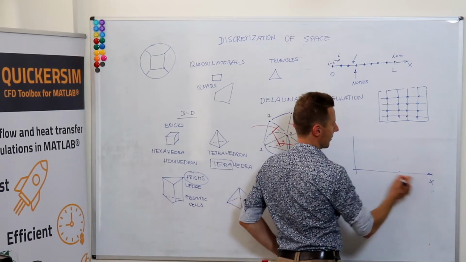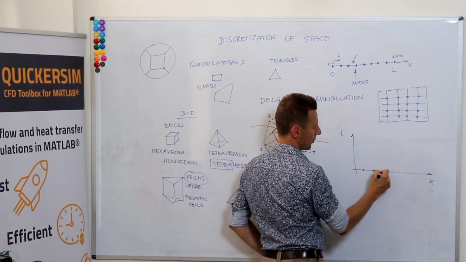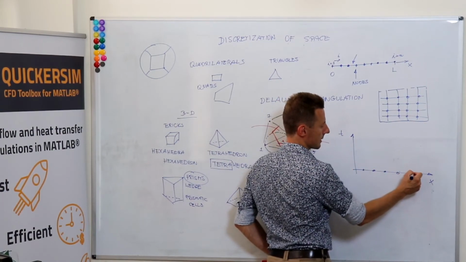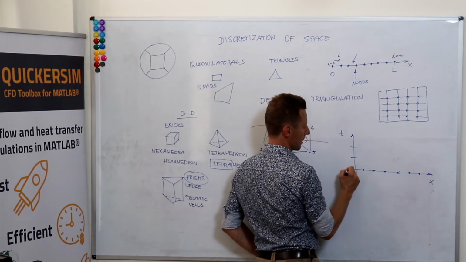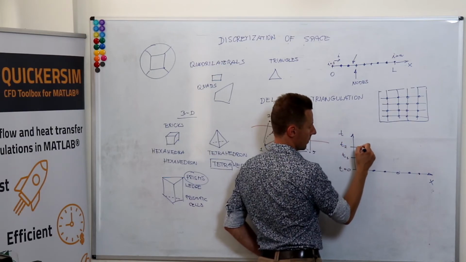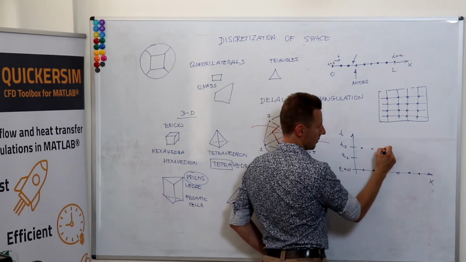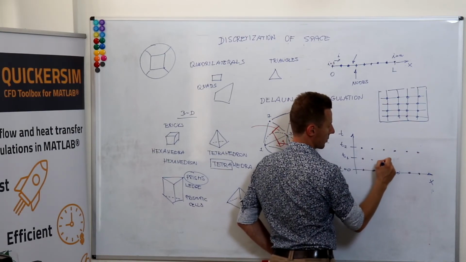So you have the x coordinate and time. You have your space discretization and your time discretization. Let's say it's t equals 0, t1, t2, and we will be solving for the values of the unknown function for each time step.